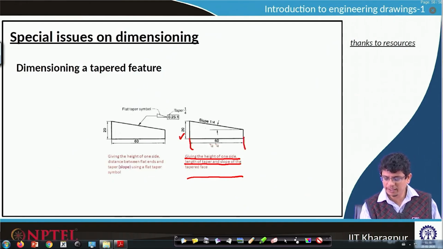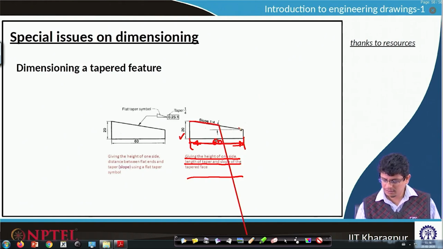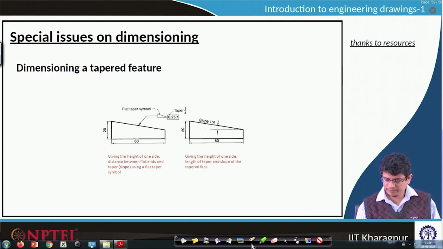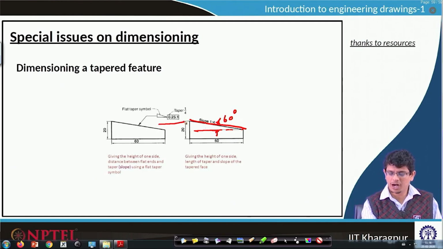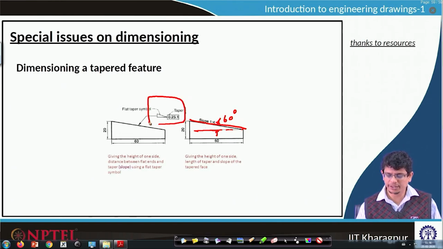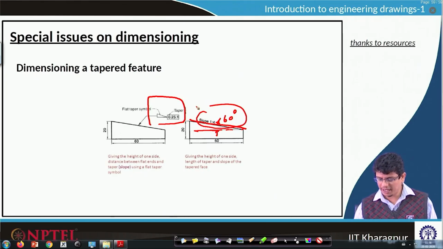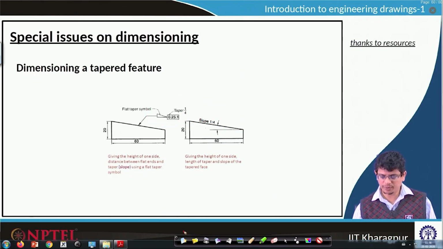So, the length of the taper is this 60 units, and this is the taper, and it makes an angle of 60 degrees with the horizontal. That way also we can show it. One way is by giving how the taper symbol ratio is going to change; the other way is through slope and angle. These are two ways of special dimensioning.